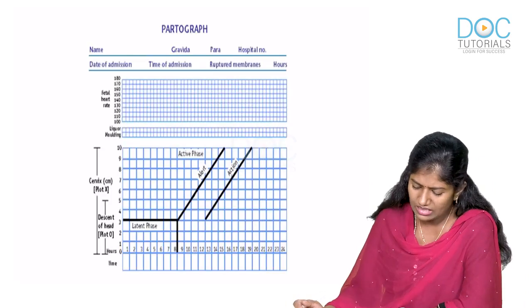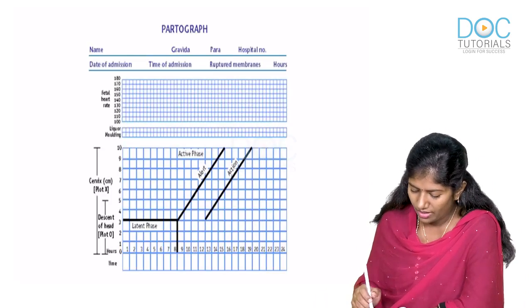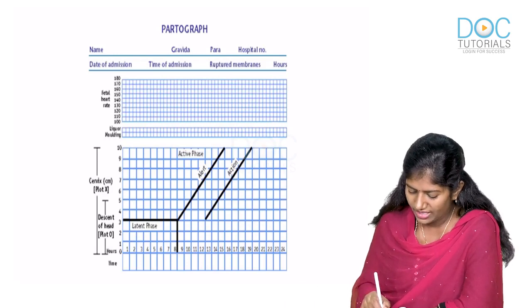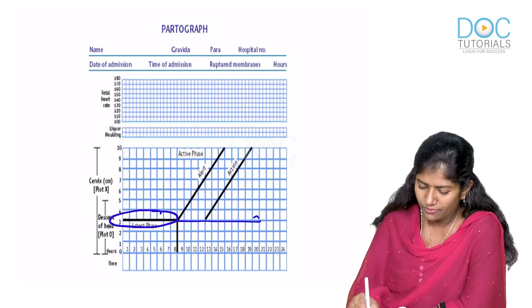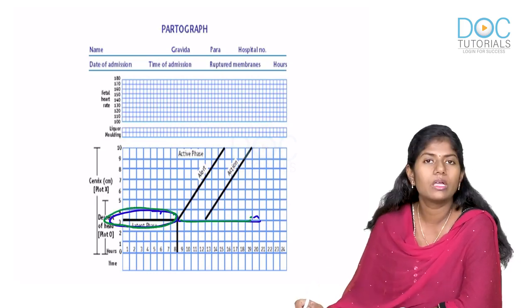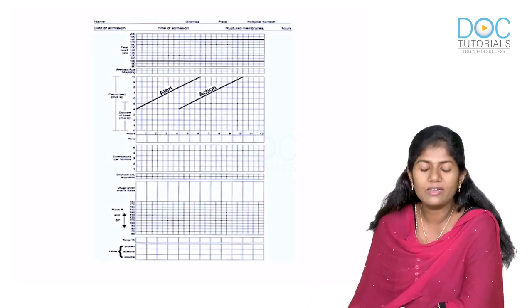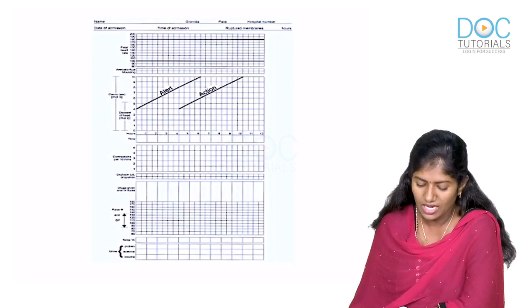Now see, this is an old WHO partogram where we have latent phase and active phase. This column is for latent phase and this is for active phase. But in the new WHO partogram, we do not have the latent phase. We only have the active phase.